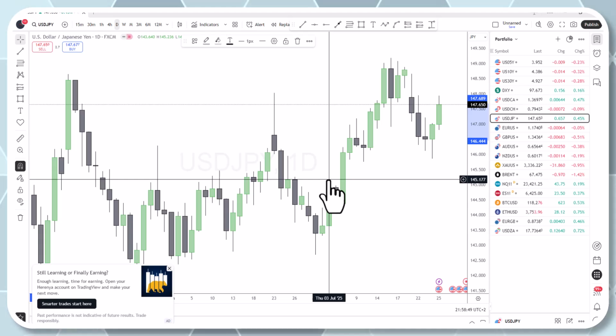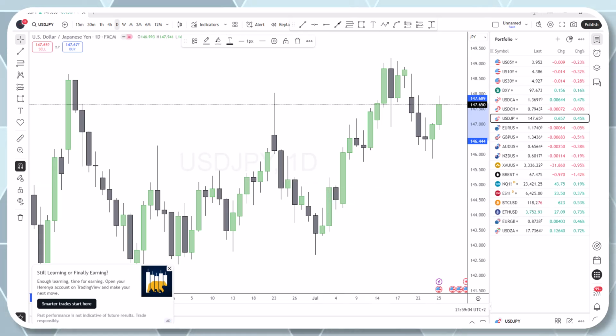Number 3, did it break structure? Number 4, was inducement present before price returned to that level? You have to answer yes to all 4 for it to be a high probability order block.